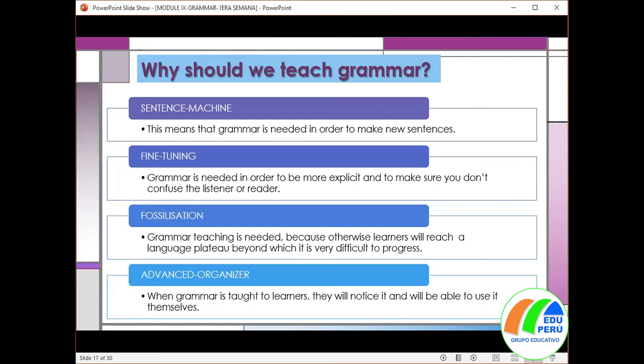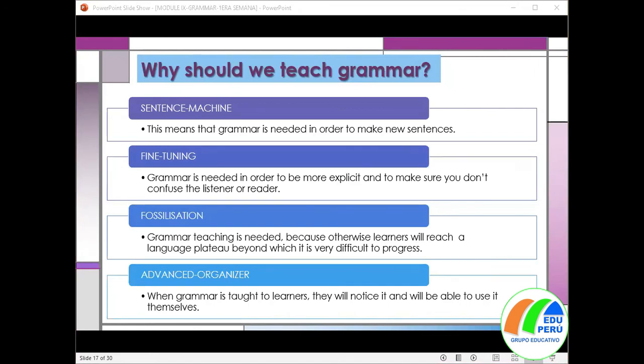So when you teach grammar, you make your students correct this mistake and not use it a lot. Remember, fossilization is when you make a mistake many times. You repeat it and repeat it again. So when we teach grammar to our students, we avoid our students fossilizing a word or a structure.